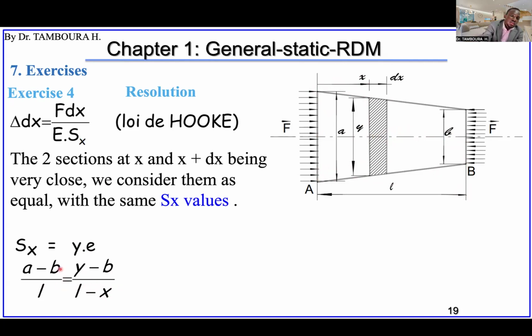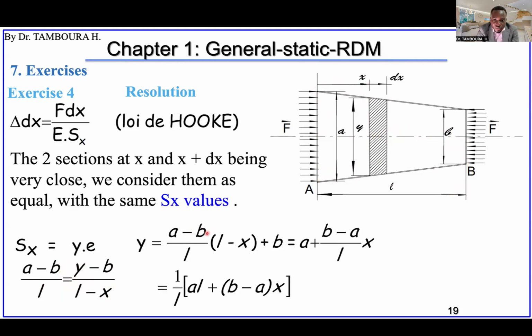From this we can obtain y. If you develop by multiplying here, and multiplying L by B to have the same denominator, you can obtain this.